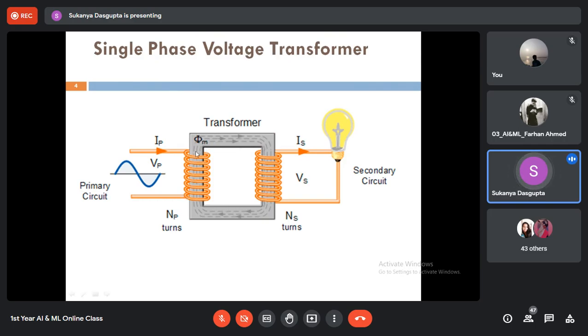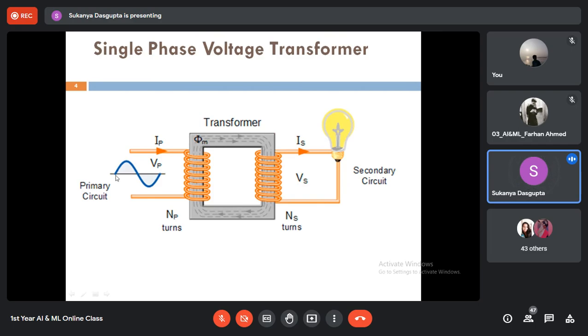So the primary winding will be wrapped around the first limb, and this is the secondary winding wrapped around the second limb, and this is the core. It may be a ferrite core, it may be an air core, or it may be any other type of core available in the market. This VP is nothing but the source of excitation, which is definitely an alternating voltage.